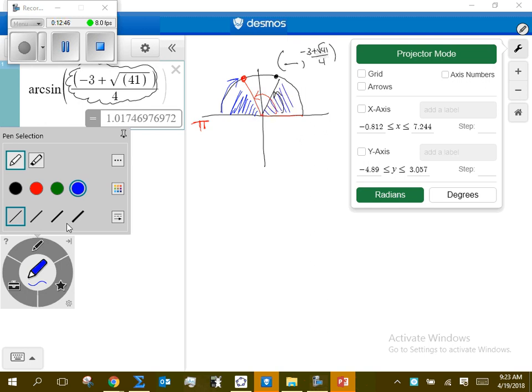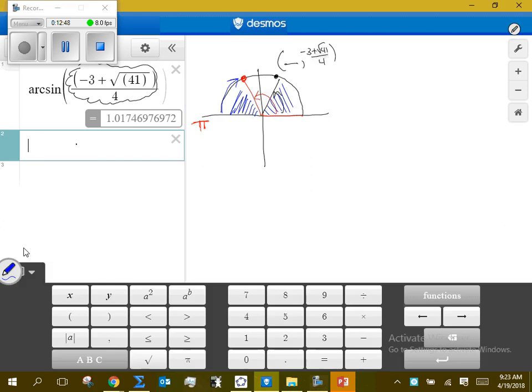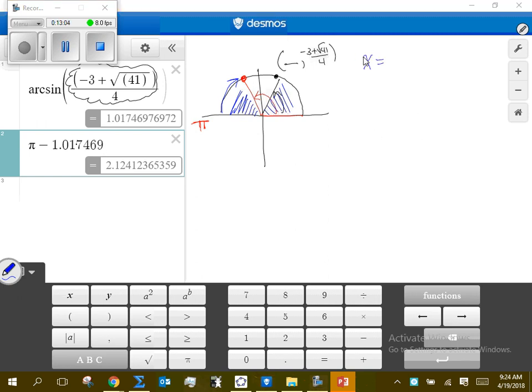Okay, so I can take pi and subtract from it 1.017469. I get 2.124. Okay, so my two values right now are x equals 1.017 radians and x equals 2.124 radians.